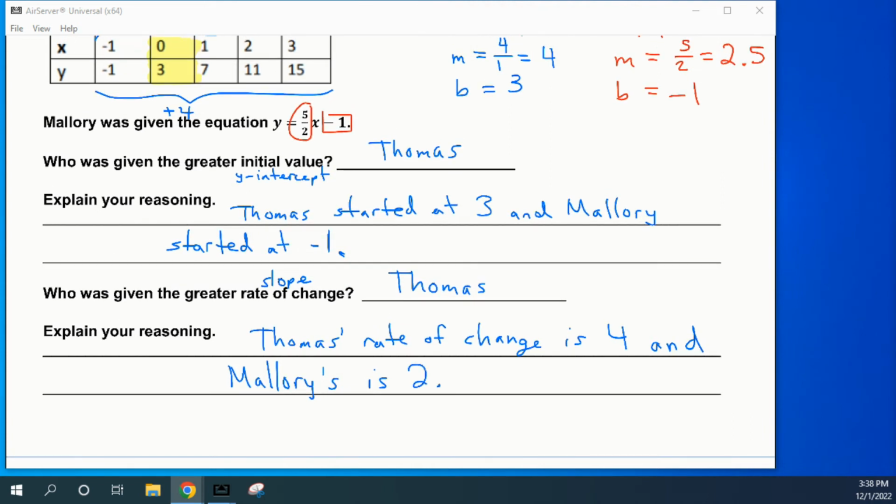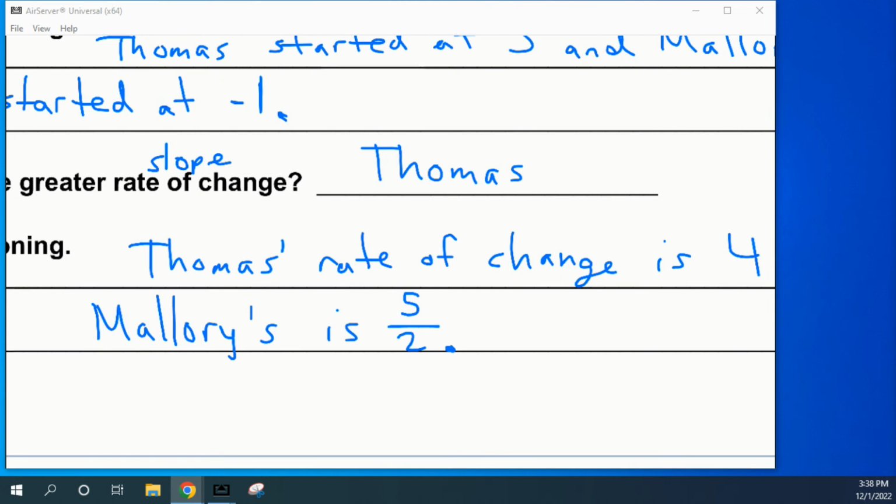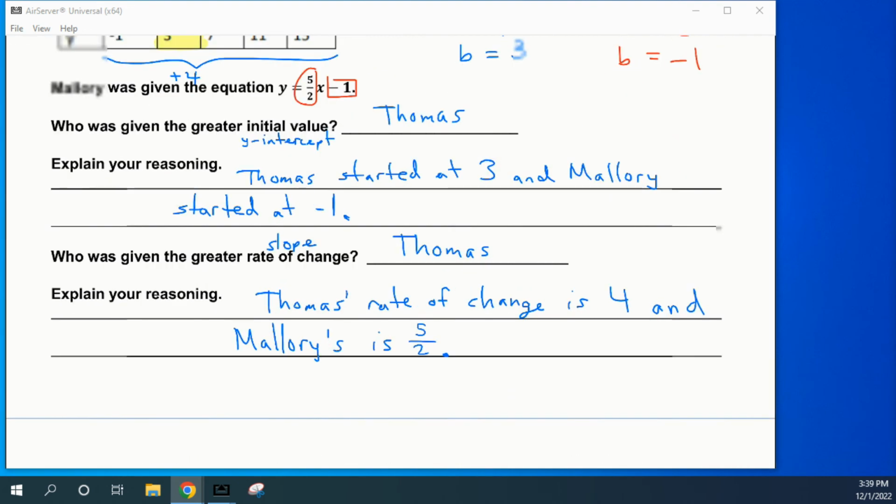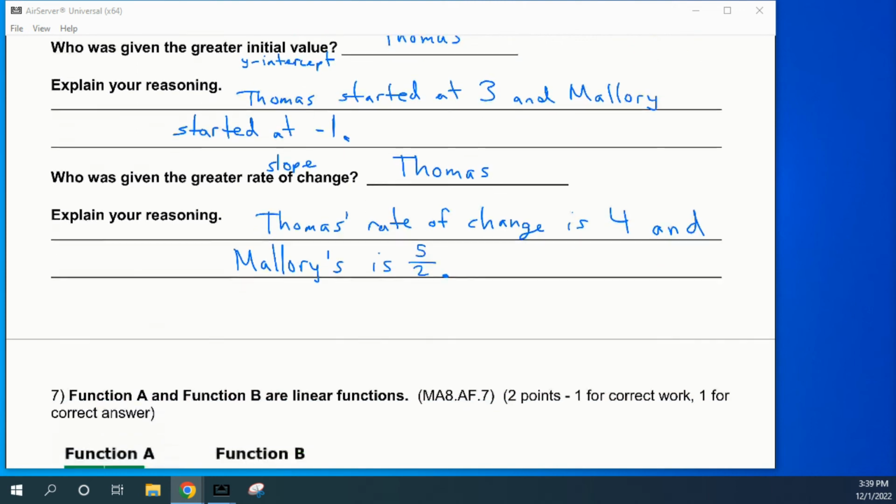You could also put 2.5. I'm just going to put 5/2 so it'll show it better on the answer key. All right. So there we go. All right, cool. Takes care of that. I believe we're on to the last page.